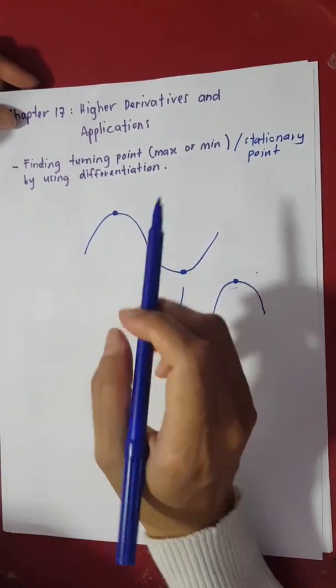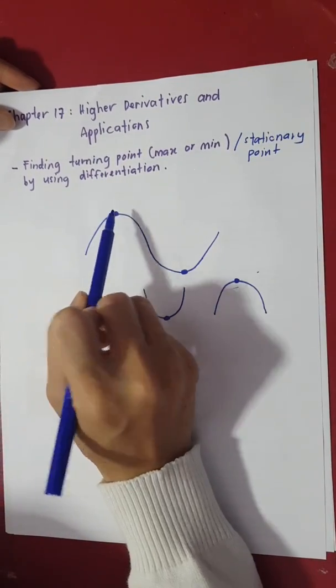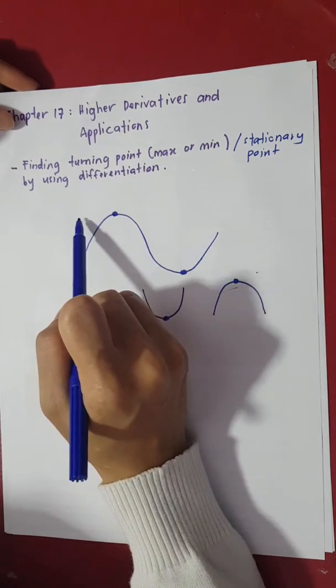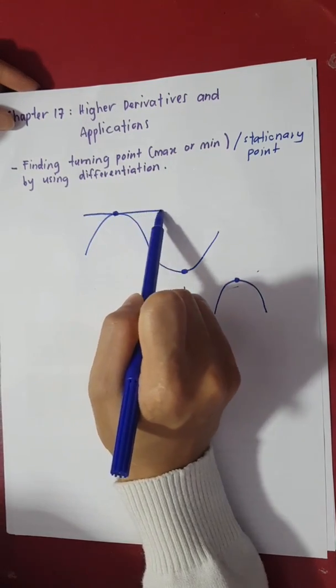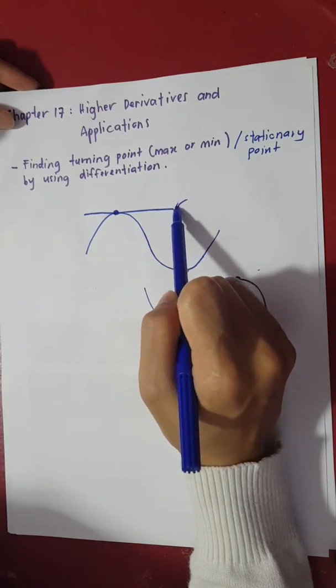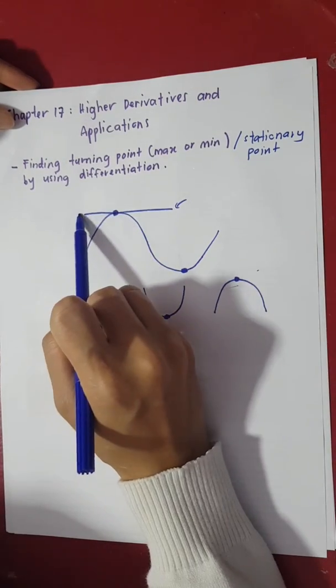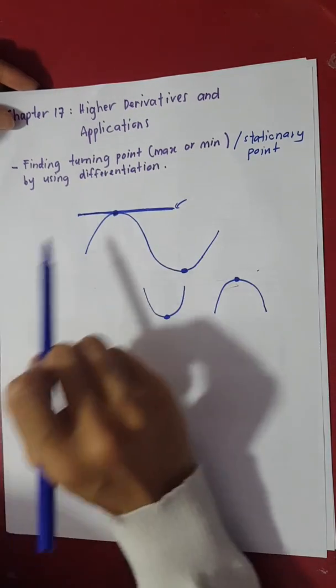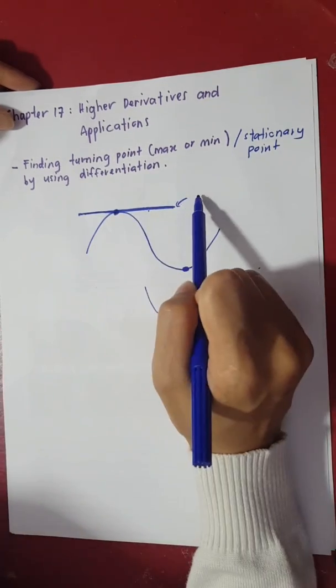So as you know, if we want to find the point here, and if we want to use differentiation, you always know that turning point lies on horizontal line, which is gradient 0. Okay, gradient 0.